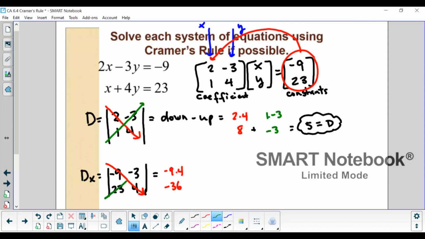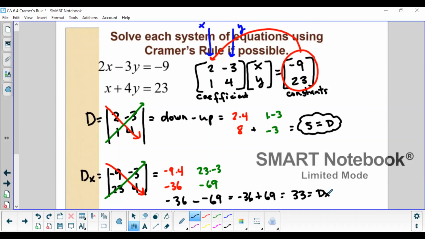And up is 23 times negative 3. And we want to subtract those. So negative 36 minus negative 69. Remember that negative becomes plus. So d sub x equals 33. And we're just going to let that hang out here for a bit.